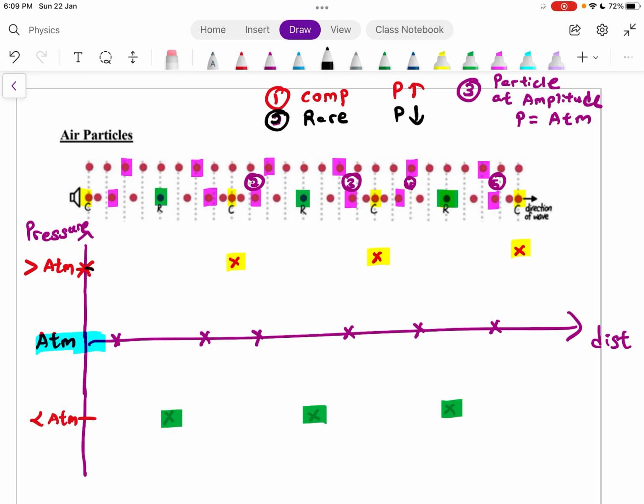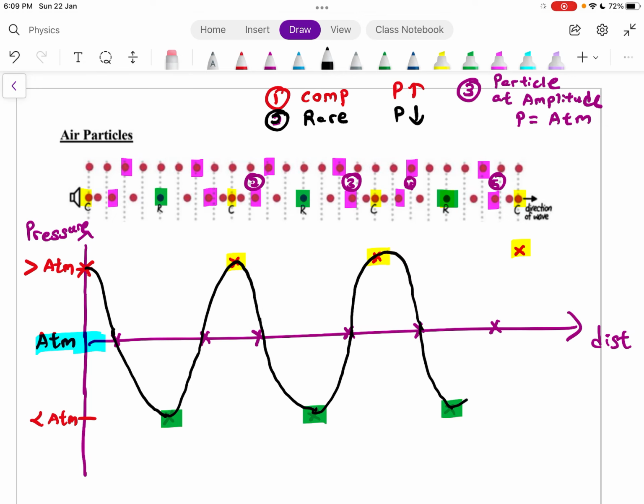Just need to join the dots. So you join the dots. Okay, roughly like that. Alright, so that is how you draw the pressure distance graph of the sound particles.